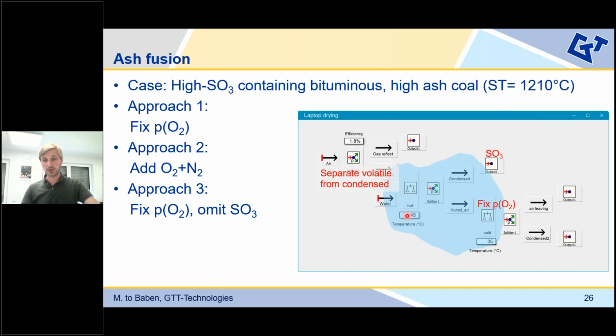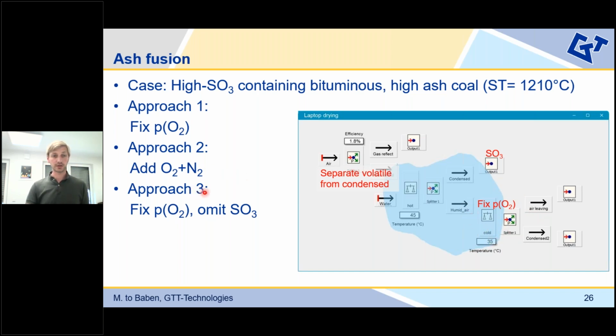We could do a first equilibrium calculation at some temperature, and from that we would take the volatile fraction, which would be basically the SO3, because all the rest from the ash analysis will stay in the condensed phases. So that will go towards the gas phase and will leave the system, and then we can fix the partial pressure for the rest of the species and calculate the equilibrium as a function of temperature.